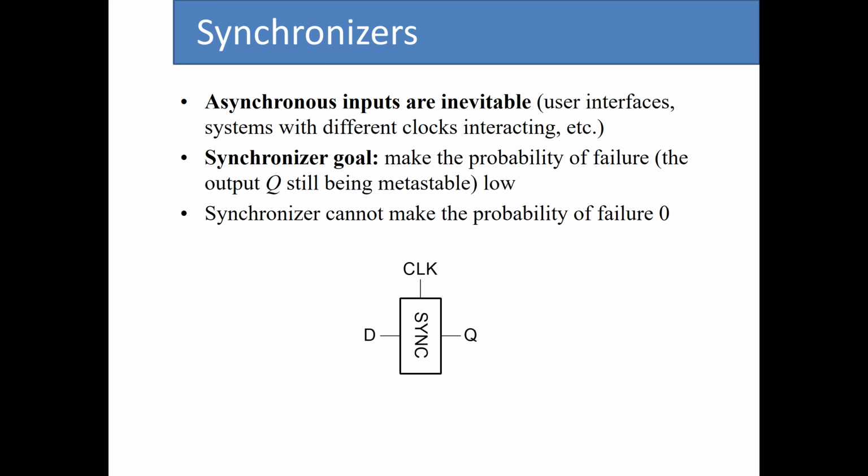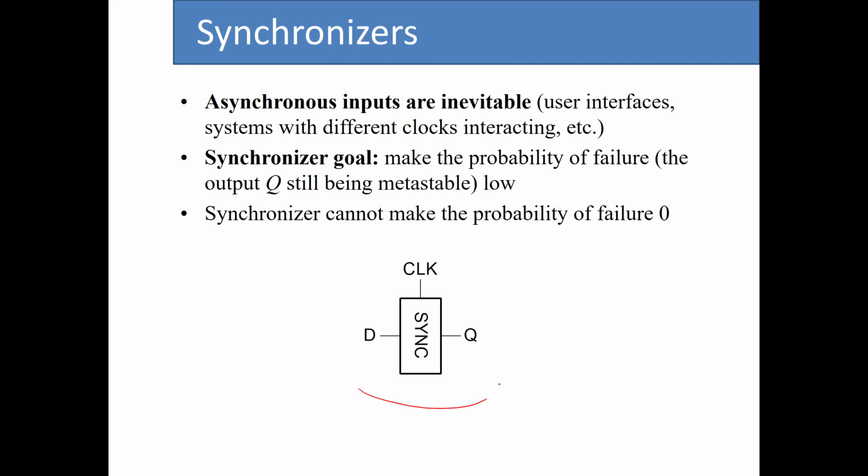So while synchronizers try to reduce the probability of metastability, they cannot make it completely zero. So the final goal of a synchronizer is to make the probability of failure, or the metastable state, lower.